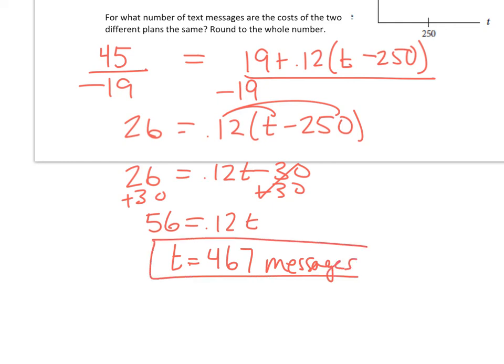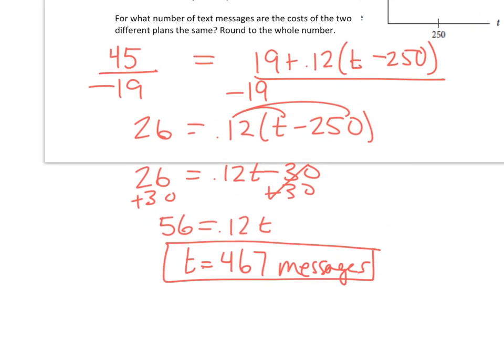So what that means is in order for the break-even point, you're going to need to text 467 messages. So if you go over that, then obviously you want to use the unlimited plan. But if you don't text 467 messages a month, then you'll want to use the regular plan. That's all that means. So that's that.